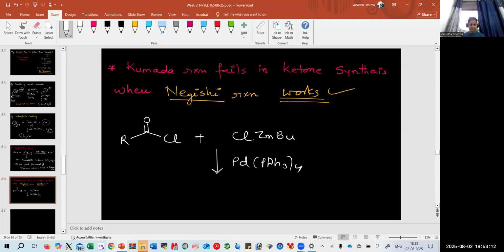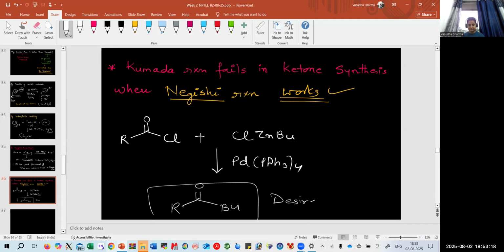So we have the desired ketone as this one. Therefore, Kumada is useful in many ways, but it has less functional group tolerance and it is not applicable for ketone synthesis.